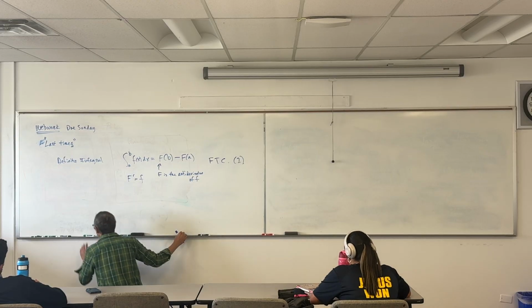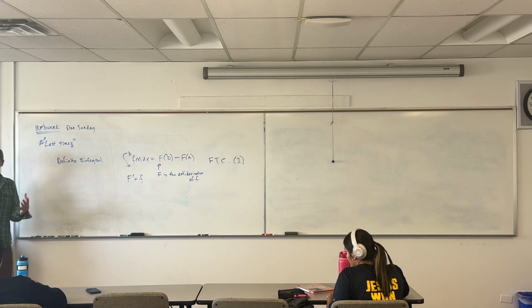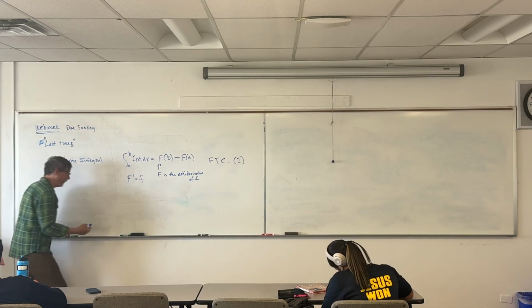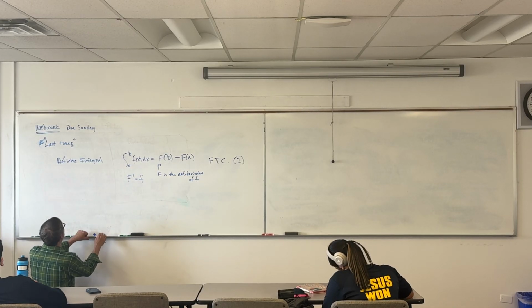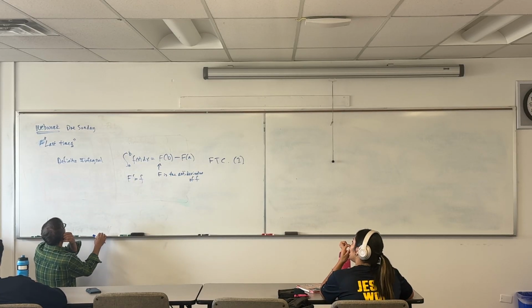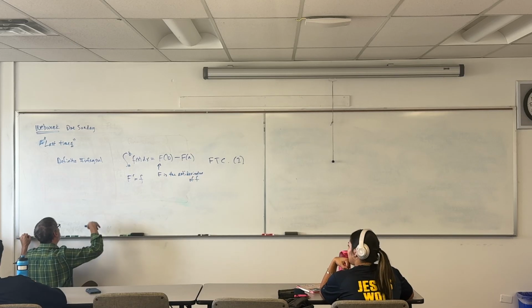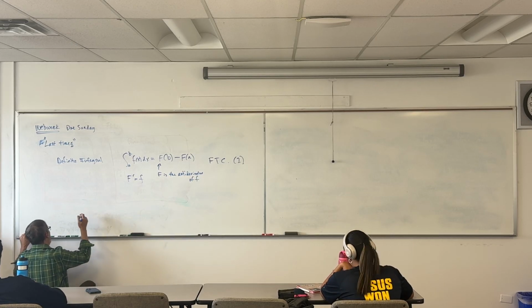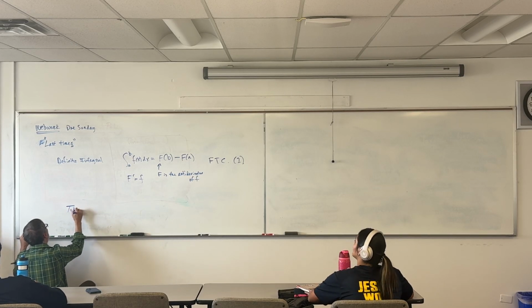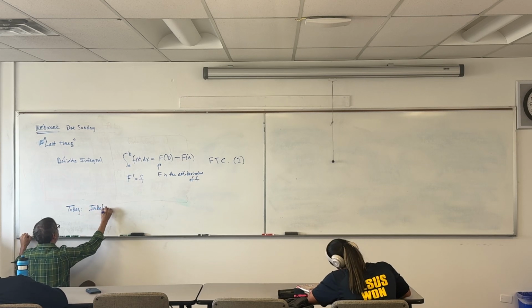One of the key things you need to learn before the end of the semester, and when you move into Calc 2, this will be one of the things we start upon, is being able to find antiderivatives for all sorts of different things, much more than just the simple ones we've looked at so far. So today, what we're going to talk about is what's called the indefinite integral.